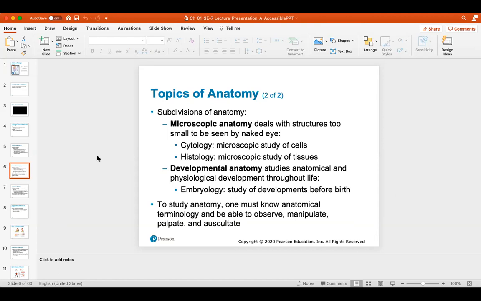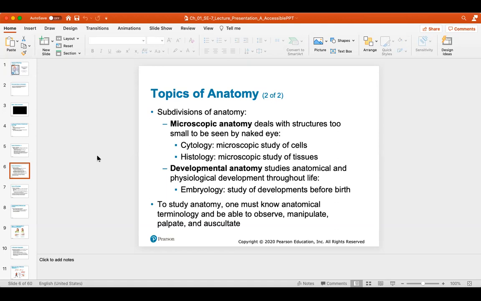More subdivisions of anatomy. Microscopic anatomy deals with structures too small to be seen by the naked eye. So we talk about cytology being the microscopic study of cells, and histology is the microscopic study of tissues. Developmental anatomy is a really interesting branch of anatomy because it studies the physiological development throughout life, starting with embryology, which is the development before birth.